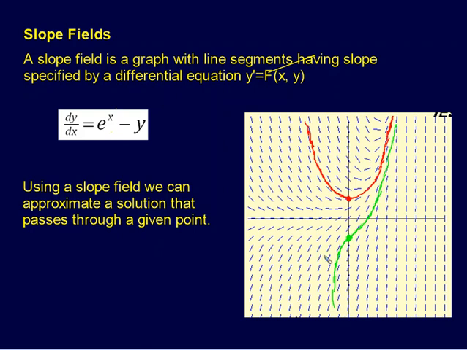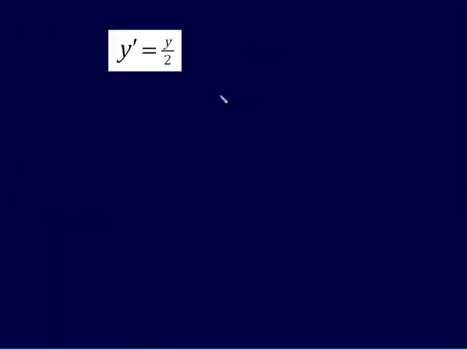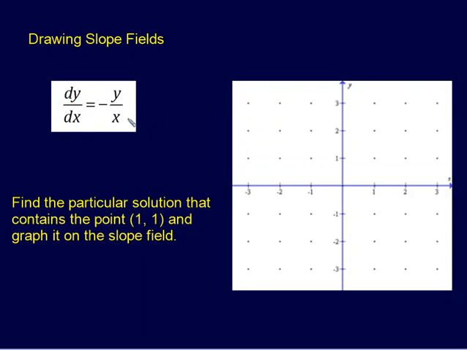Okay, well, your main objective today is to try and draw one of these slope fields. So let's take one that's actually got two variables in it. I've got one that has both y and x, and the derivative is given by negative y over x. And what we're instructing you to do is at the indicated points. In fact, we're going to make this a little bit less by eliminating a few of the points.